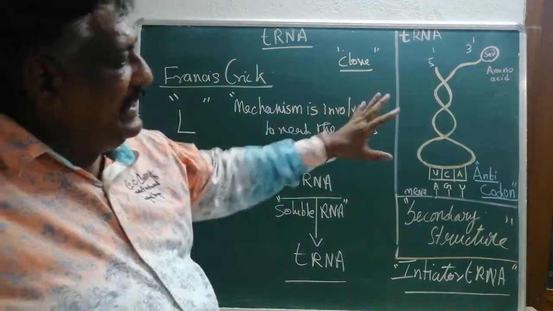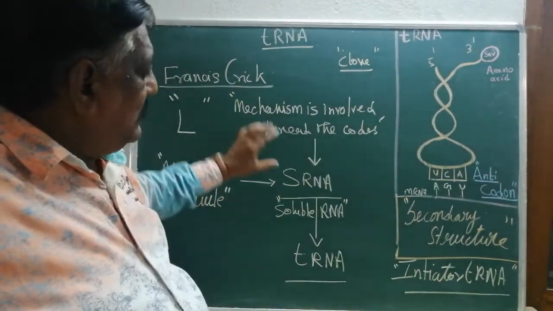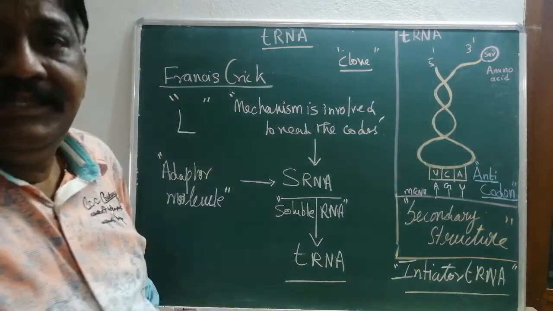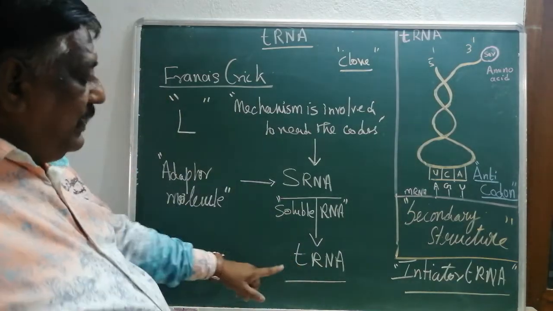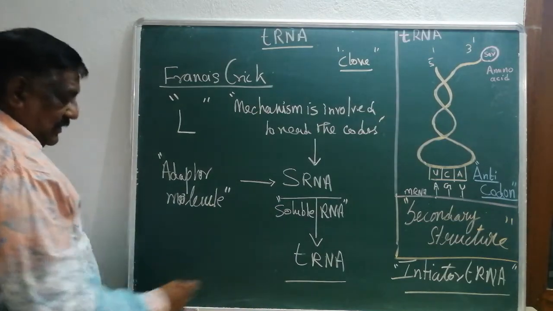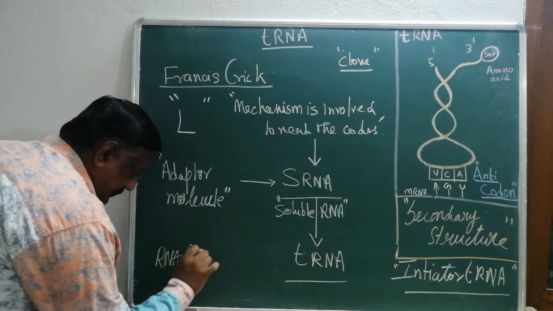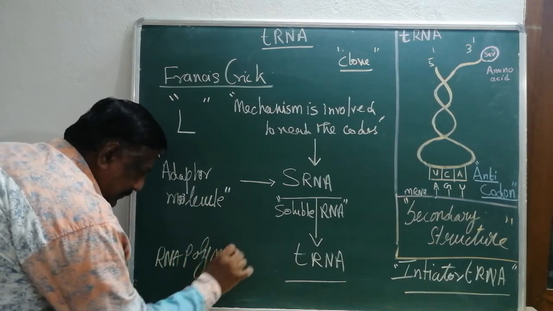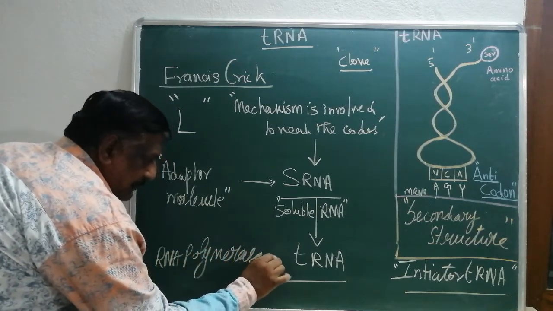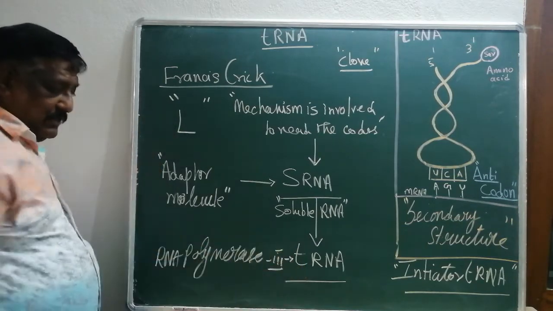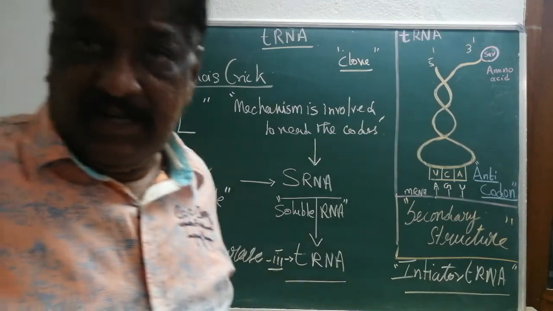Okay, this is the secondary structure, and first it was called sRNA, soluble RNA, then it was called tRNA, and we already know this tRNA is produced by RNA polymerase 3, which transcribes the tRNA in the nucleus.